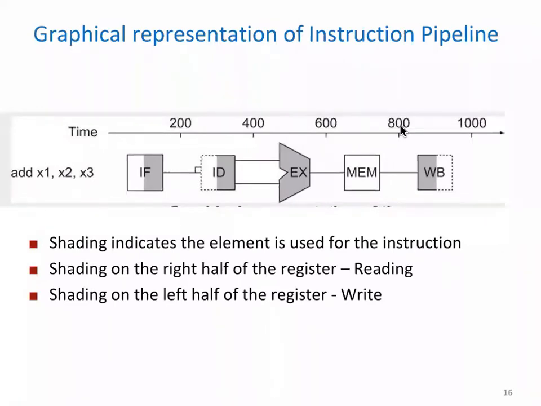It means that we are reading. If shaded on the left hand side of the same register file, it means that something we are writing. Similarly here instruction fetch is happening, so we are showing it on the right hand side.